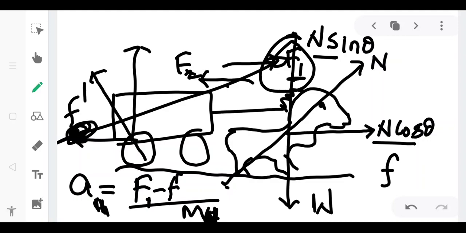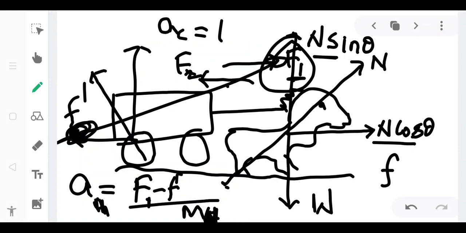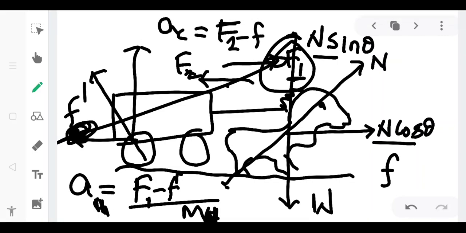So the acceleration of the cart is, because F1 equals F2 here, you can write it as F2 minus F dash. Here this is just F. It is just F. F dash divided by the mass of the cart.